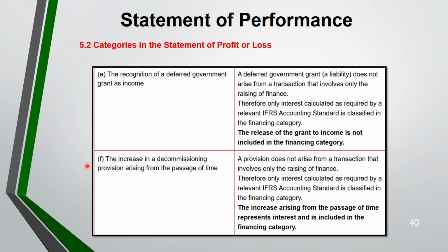Anything to do with finance, only finance, its income, its expense, its interest, its remeasurement, its transaction cost, everything will be taken in the financing. But those transactions which involve not only raising of finance, then only the interest element you can take under the financing, not expense, not income, not remeasurement, not any other element. Okay. Once you have understood this, you have understood the financing category entirely.